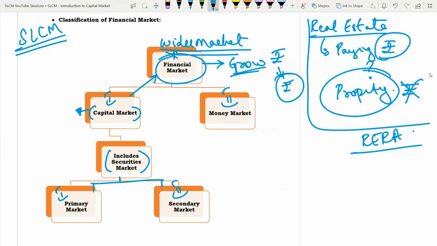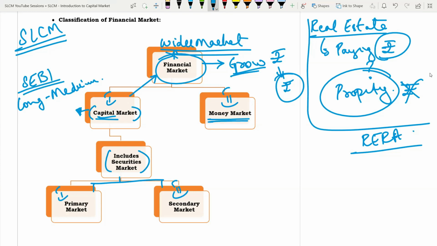How do you double or triple your money? By making investment over a considerable period of time. So talking about the capital market, it is a long-term or medium-term investment. Okay, it is regulated by the Securities and Exchange Board of India.